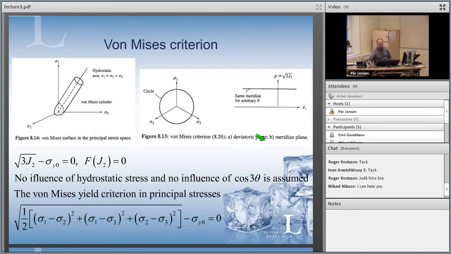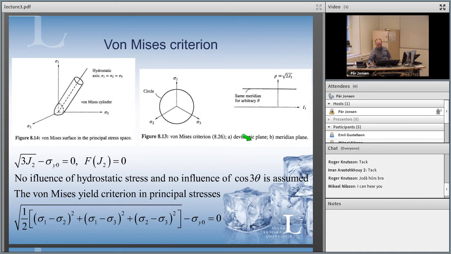If you look at the meridian plane, you can put I1 and theta as an invariant of J2 instead. You can also have von Mises stress on this axis, it's very typical to see. And as it's a straight line in principal stress space, this will be just one line.